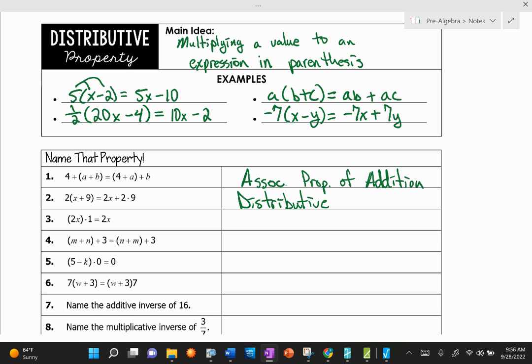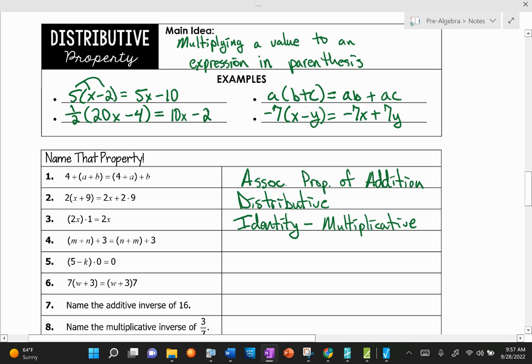All right, I'll put them up here. Number 3. If you just put identity, that's fine.